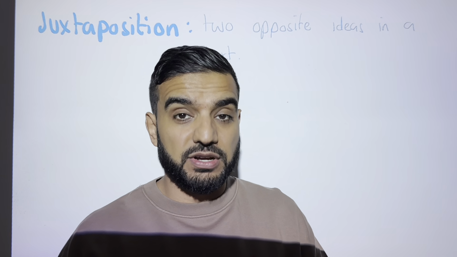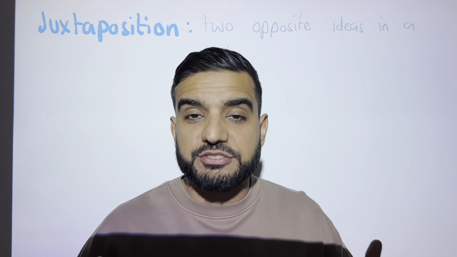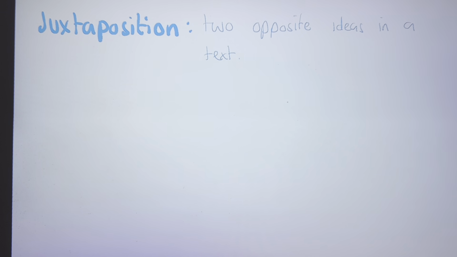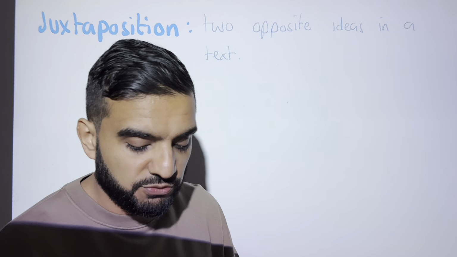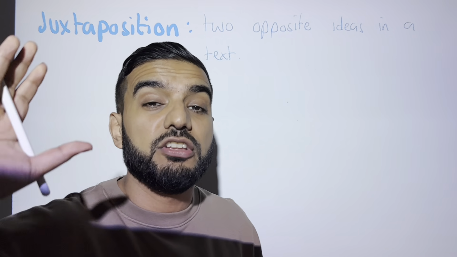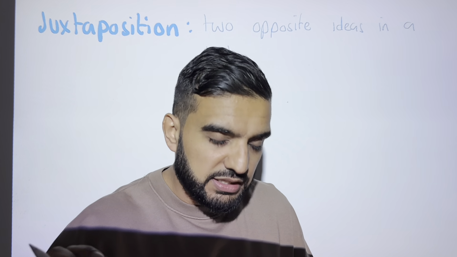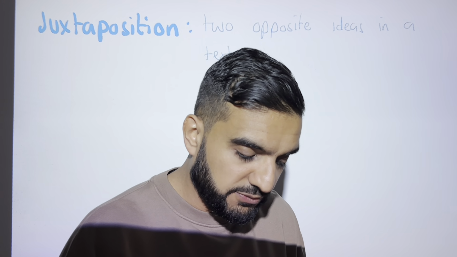Now, that's fine. That's great. But how do you go about using juxtaposition in writing? How do you go about using juxtaposition in a given exam? Very, very simple, guys. Very, very straightforward. You're gonna kick yourself when you didn't realize this. The easy peasy way of doing this, guys, is the following.